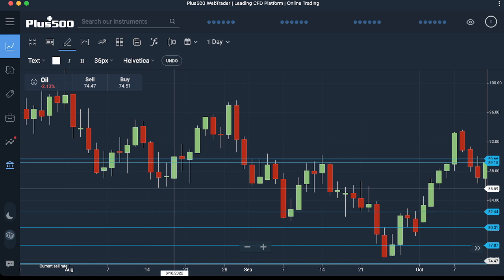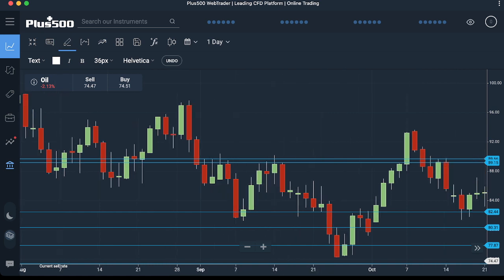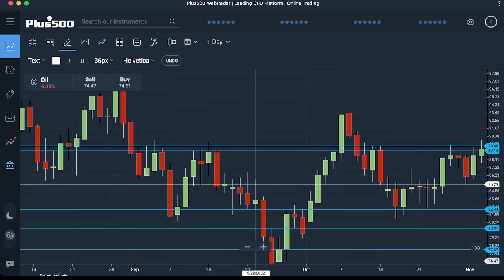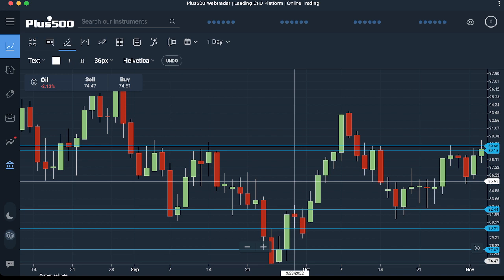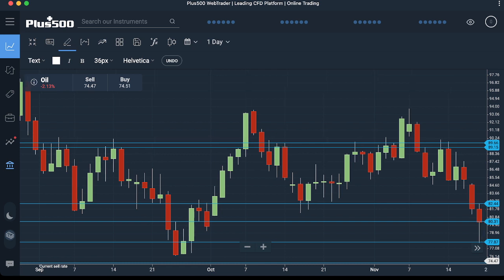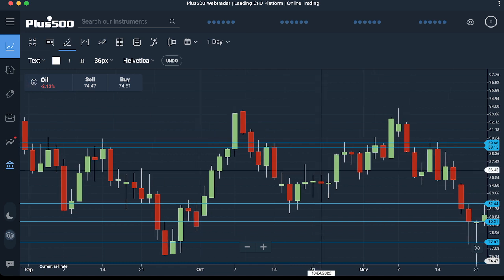Before I go to the lower chart, I want to show you how these lines are acting as support and resistance, because that's actually the main purpose of this short session: to prove that each of these fair value gaps, especially in the higher time frame, I'm emphasizing that, meaning daily, weekly, can act as a very good support and resistance.